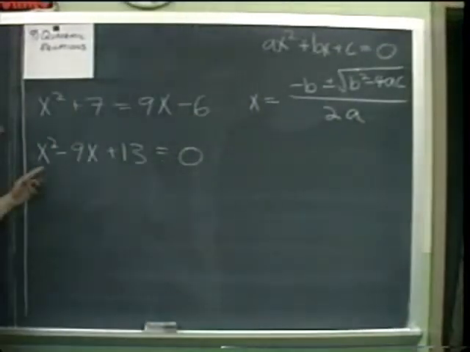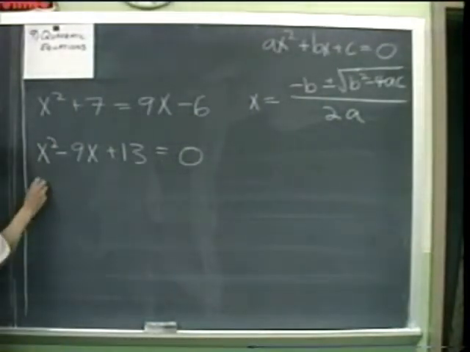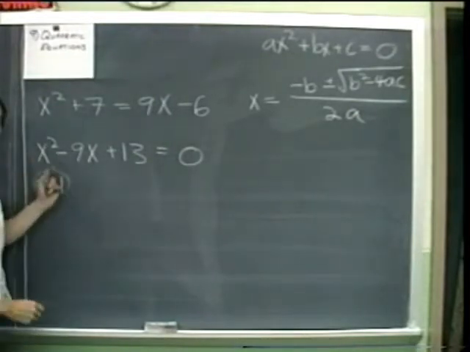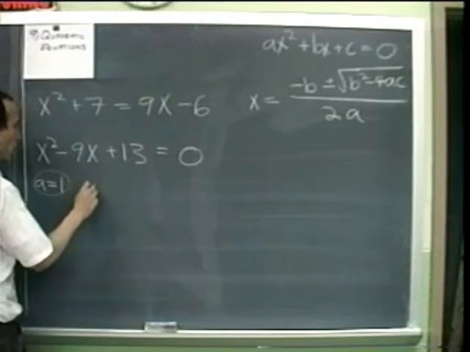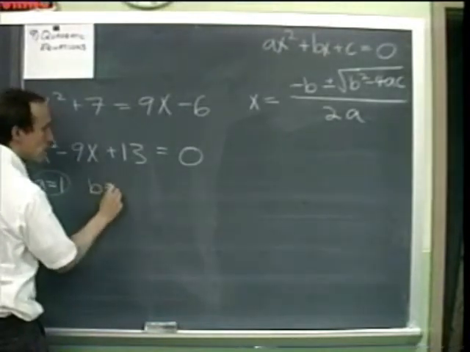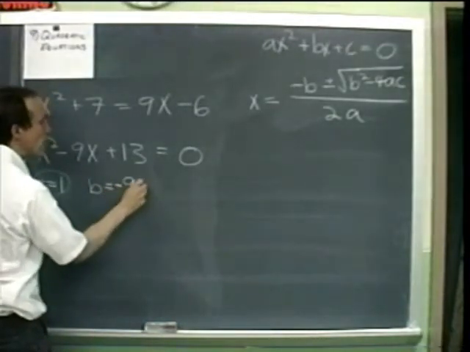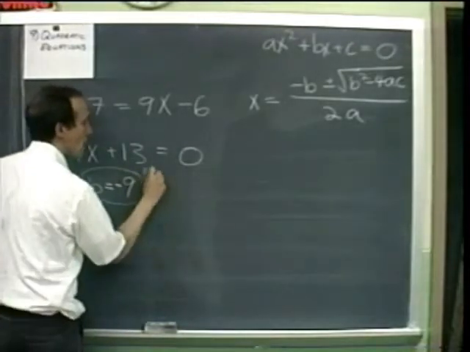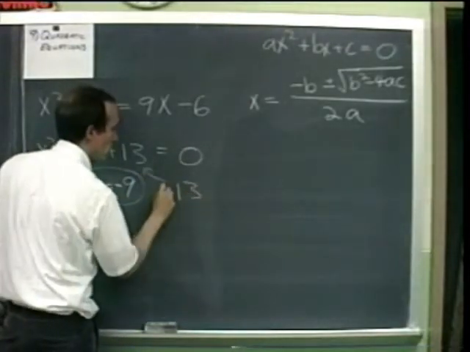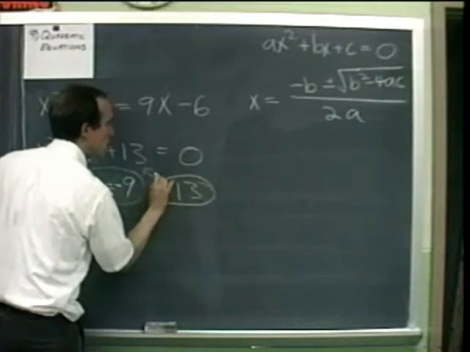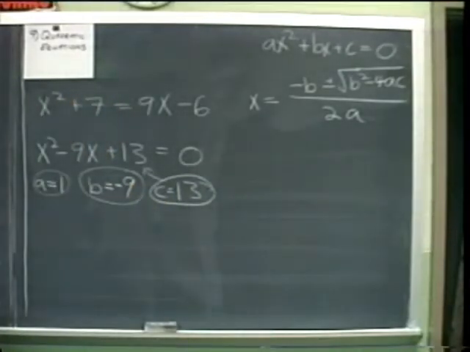In our case, a is equal to 1, the thing multiplying x squared. There's nothing there, it's just a 1. The thing multiplying the x is our b, and that's a minus 9 in our case, and the constant term is just 13.